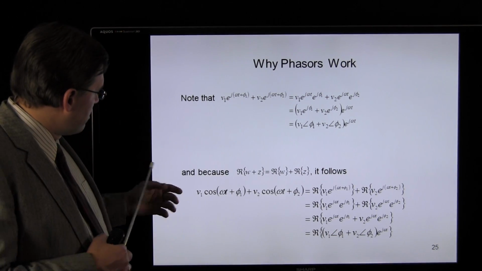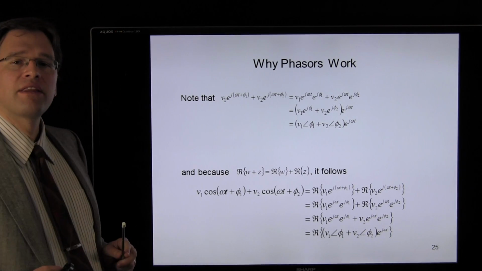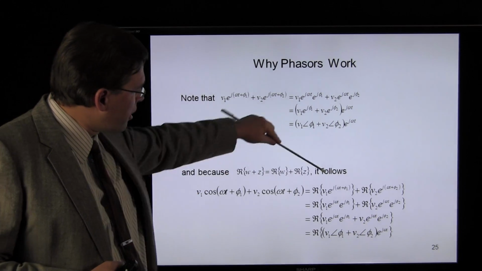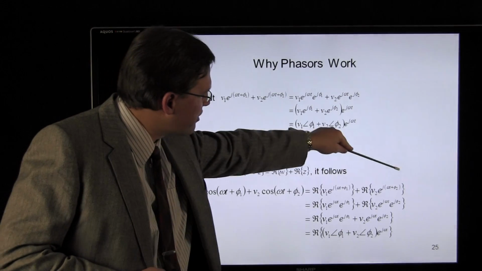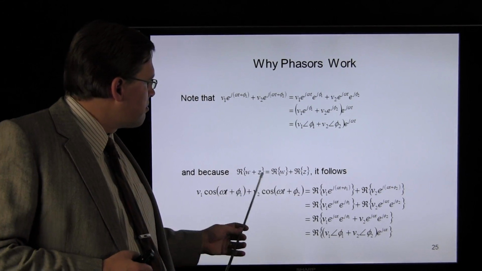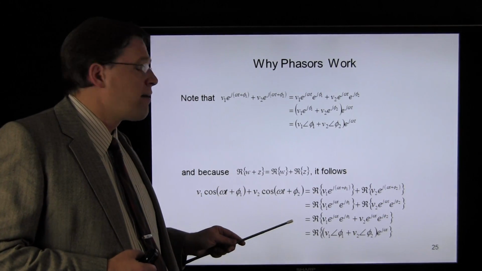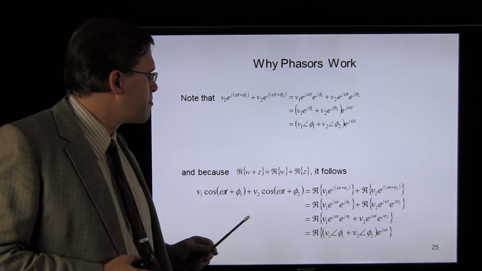So, we were trying to calculate the sum of these 2 trigonometric functions. This is the real part of this complex exponential. This is the real part of this complex exponential. I'll break them apart. The sum of 2 real parts is just the real part of the sum.